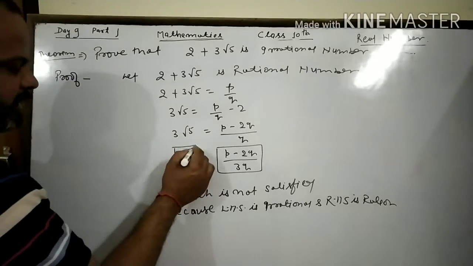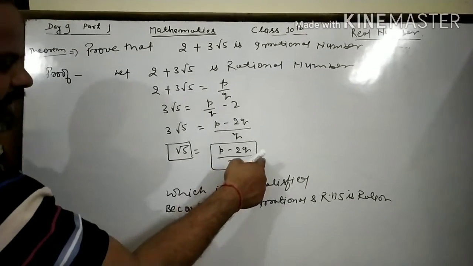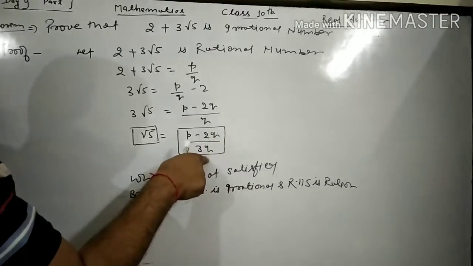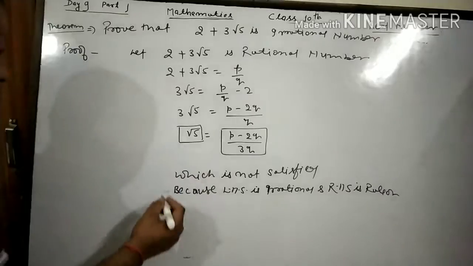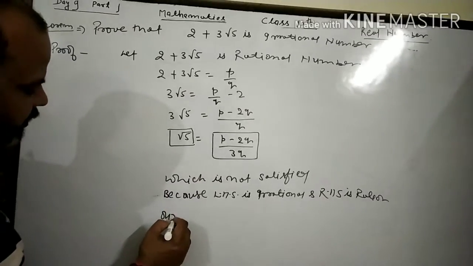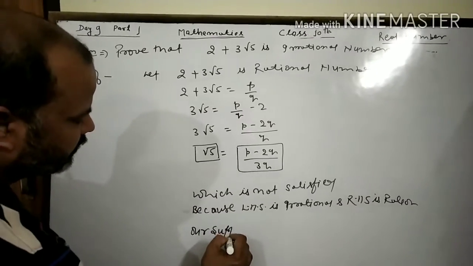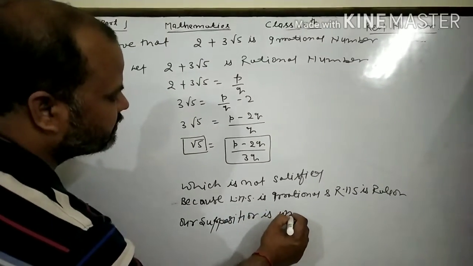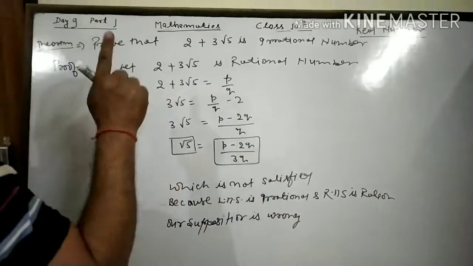LHS, root 5, is irrational, and RHS, all the values other than roots, is rational. That means our supposition is wrong. What did we suppose?